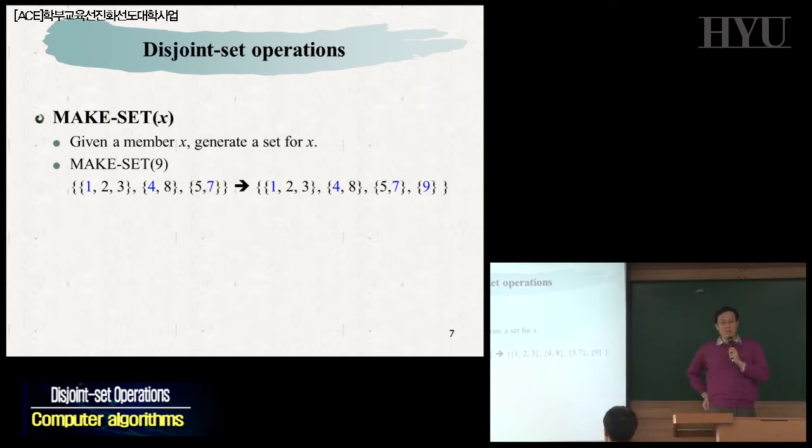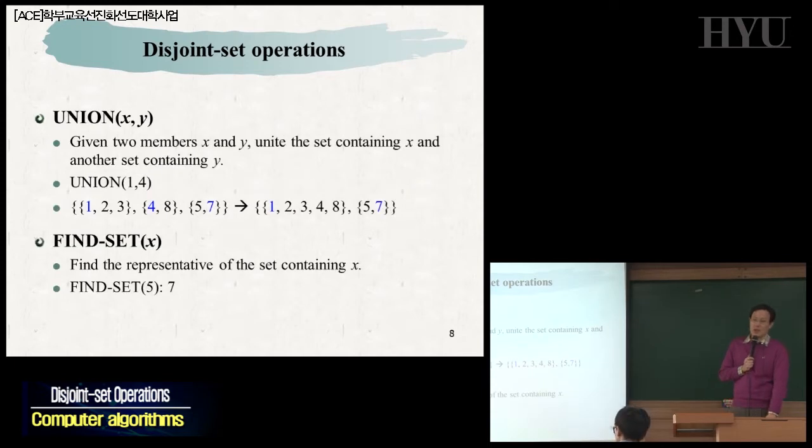Given a member X, generate a set for the given member X. For example, make set of 9 is this. We create a new set including only member 9. This is the make set operation.